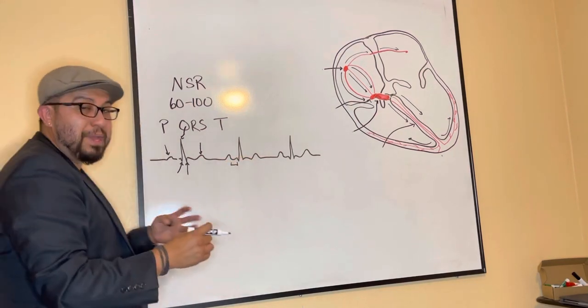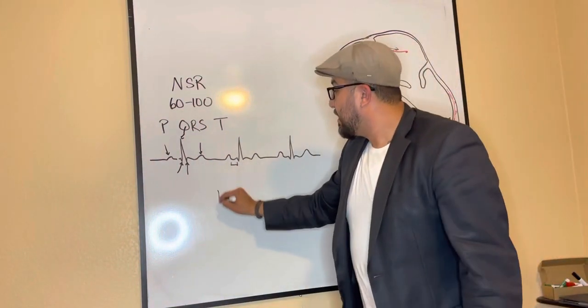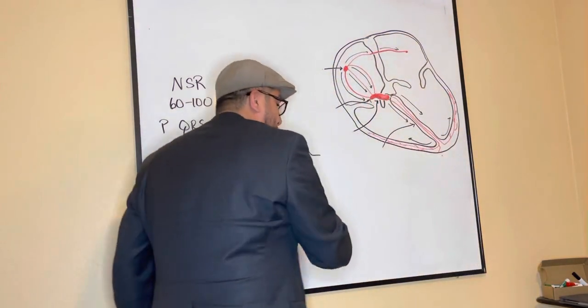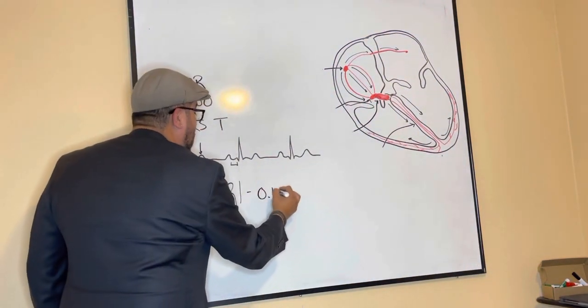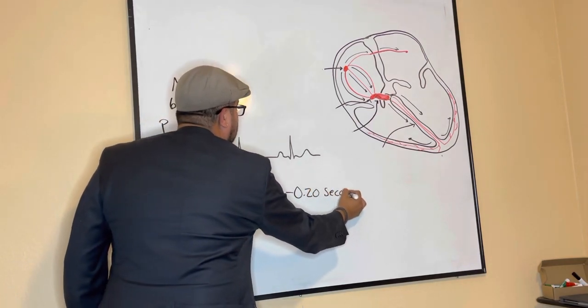Let's discuss some basic values for these different rhythms. It's important for you guys to understand that the PR interval should be anywhere between 0.12 to 0.20 seconds.